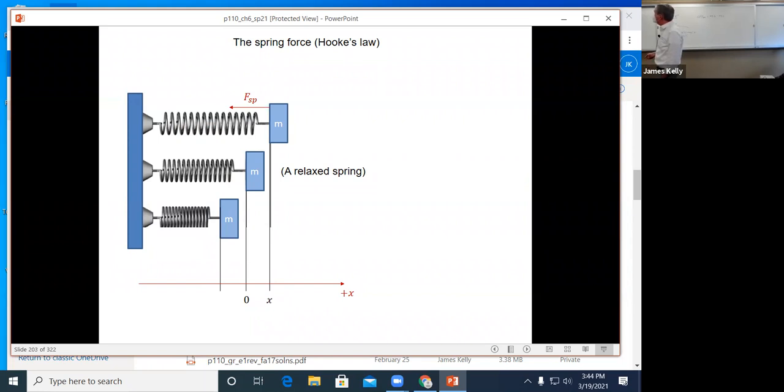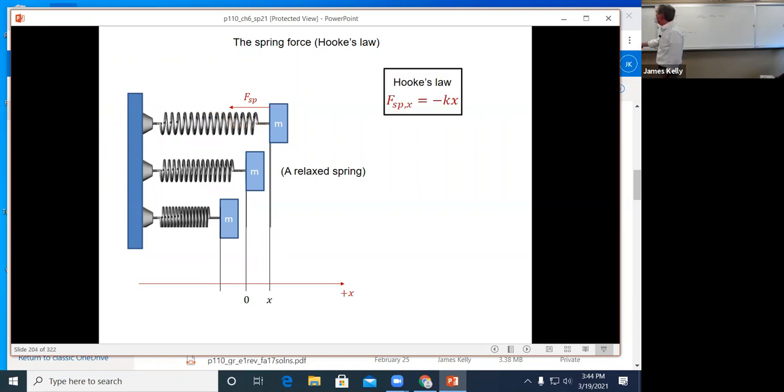When I stretch the spring, of course, the spring force pulls back against the direction that I've moved it, right? If I stretch the spring out beyond its equilibrium position, isn't the spring force on that mass pulling back to the left? It doesn't want to be stretched, so it's pulling back against that direction.